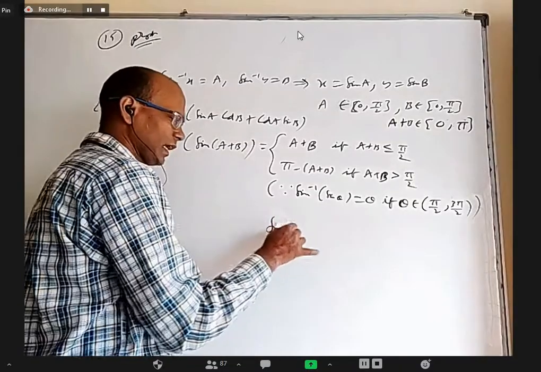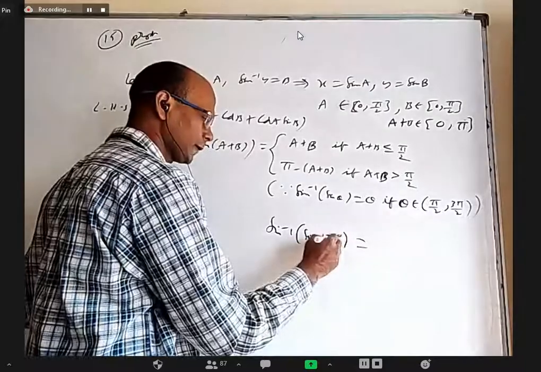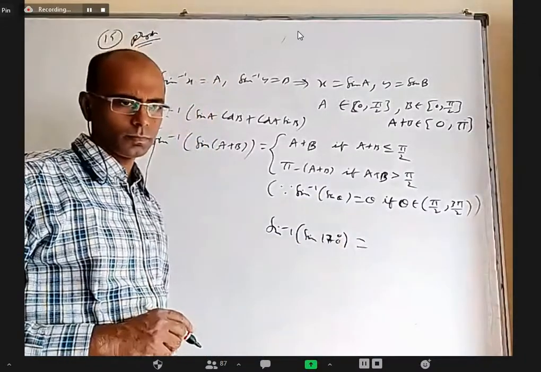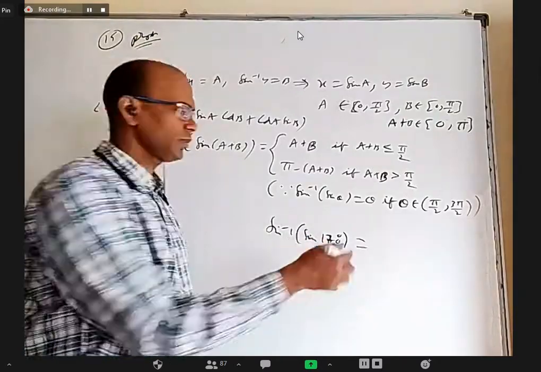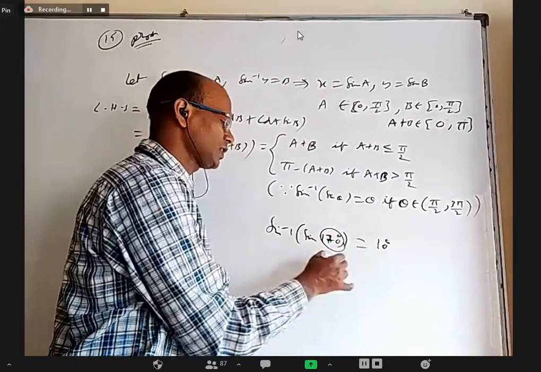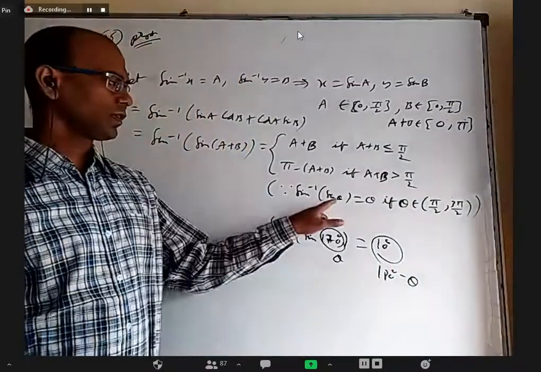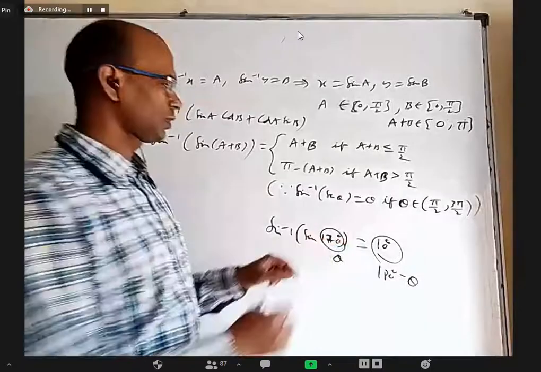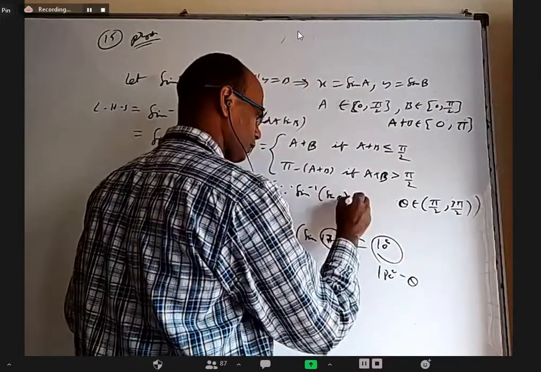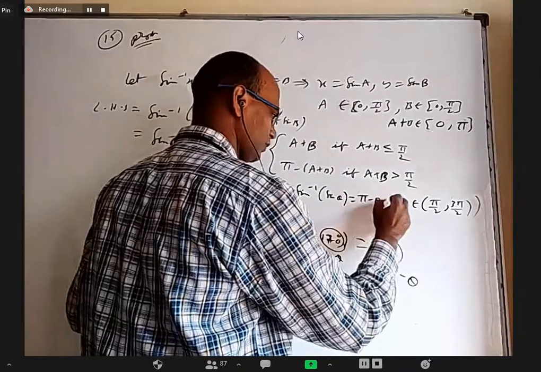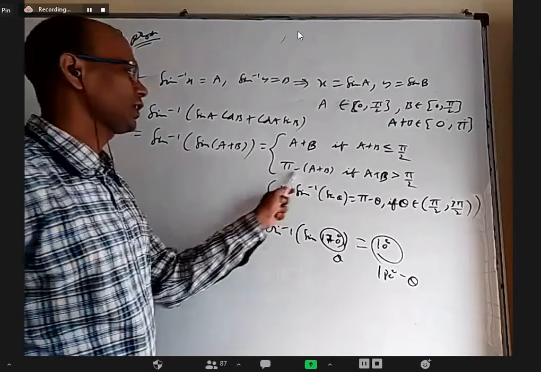For example, if I have sine inverse sine 170 degrees, what will the answer be? Write 180 minus 10, sine 10, you will get 10 degrees. So when this is theta, what you have here is 180 minus theta, that is pi minus theta if theta is between 90 to 270. Based on that, I could write this.